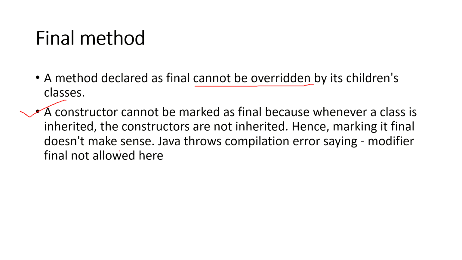So there's no sense in including the final keyword with them. And if you do the same, Java will throw an error: modifier final is not allowed here. So there is a rule that you cannot declare a constructor as final.